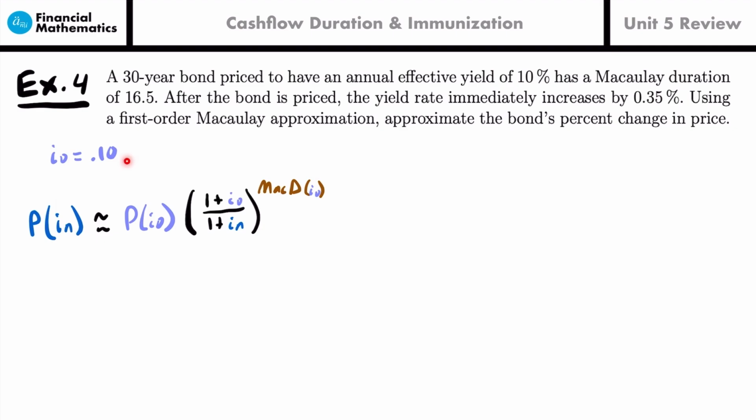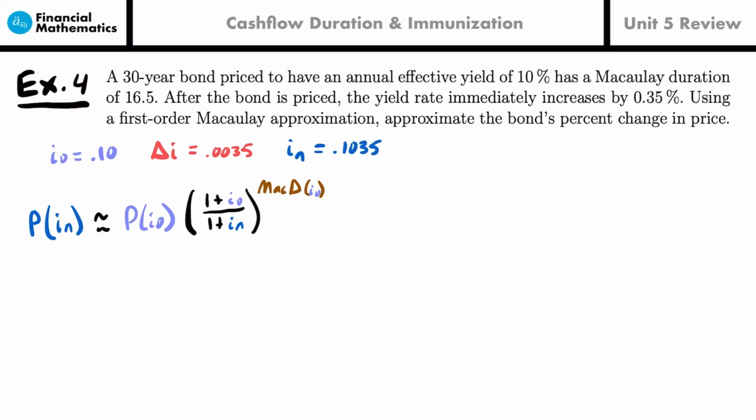And then we're told that after the bond is priced, the yield rate immediately increases by 0.35%. So what that's giving us is a change in the interest rates delta I is equal to 0.35%, which as a decimal is 0.0035. So what that means is that our new interest rate, I sub n, is going to be our original interest rate plus this change in the interest rates. It's going to increase by this amount. So the new interest rate is 0.1035.